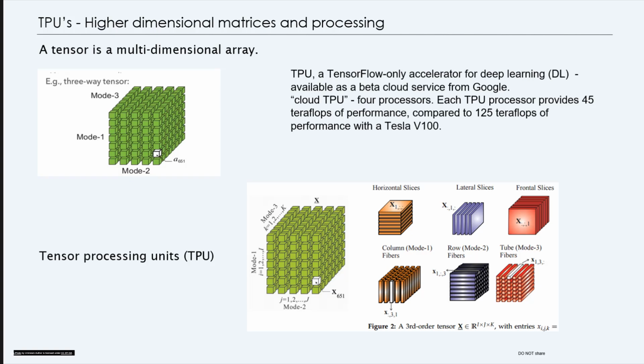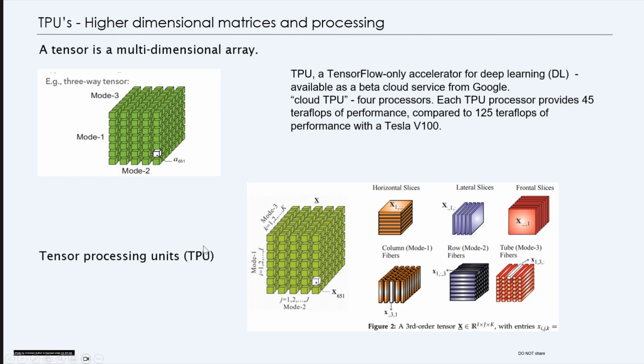What about hardware? We cannot use standard CPUs to process matrices in data science, so we need special hardware that can process whole vectors instead of one element at a time. This is where the TPUs come in. A tensor processing unit is a specialized hardware accelerator designed by Google to speed up machine learning tasks, particularly for neural networks.